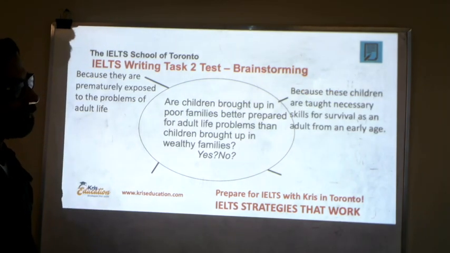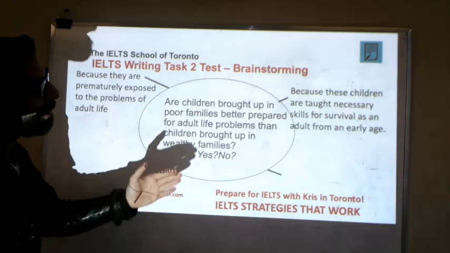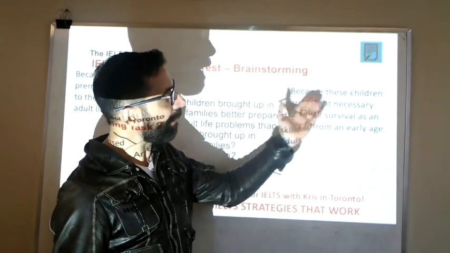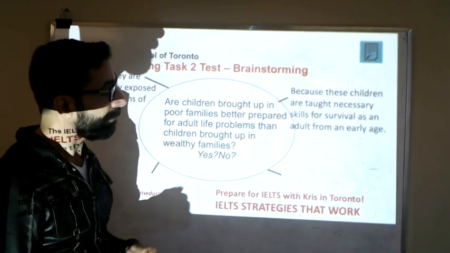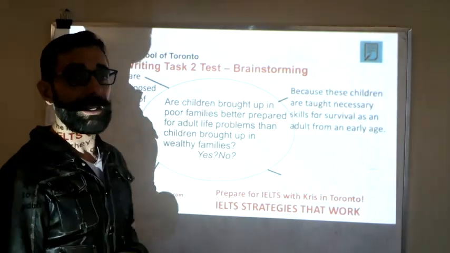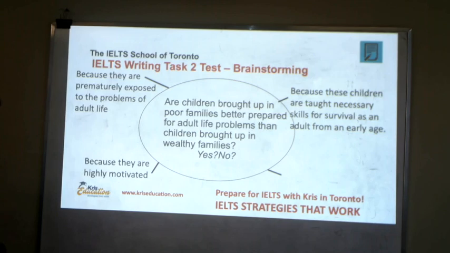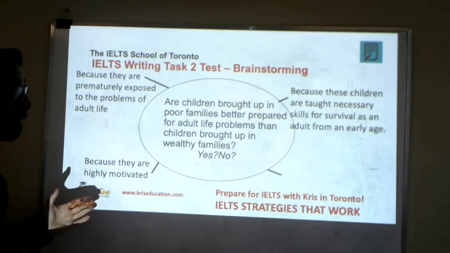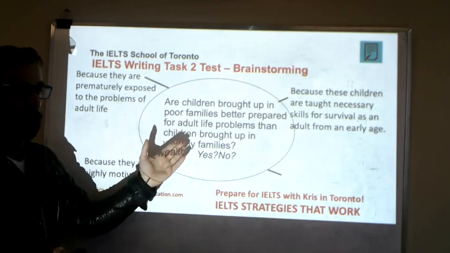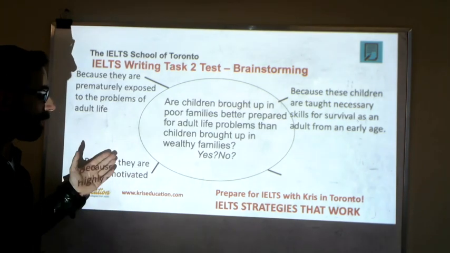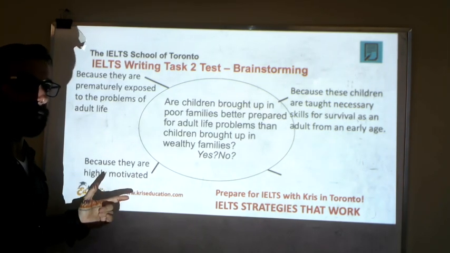Idea number 2. Again, does this idea clearly answer the question? It does. That's why it is a very relevant idea. Idea number 3. And I am asking you the same question because this is very, very important. One of the reasons why test takers lose marks is because they don't write relevant ideas.